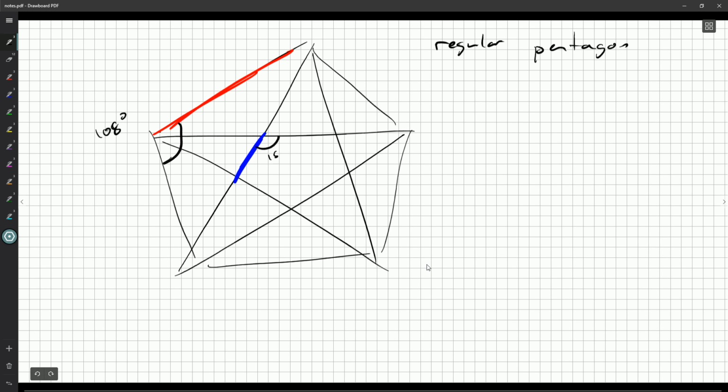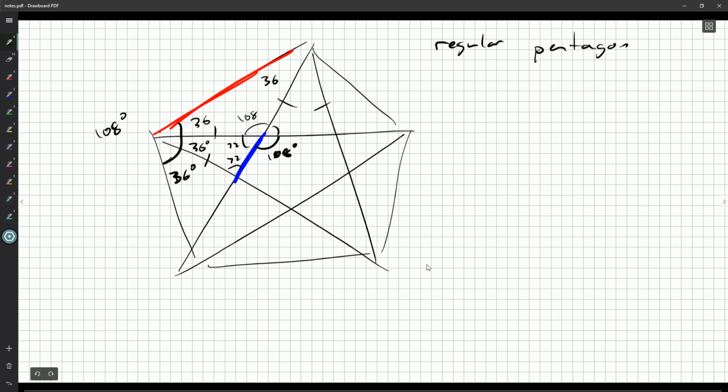Same with this angle here, 108 degrees. That means this is 72, this is 72. And similarly, this is 72. So we get an isosceles triangle here. And because it's regular, you'll also get isosceles here as well. This is 108, if 108 plus 72, so this has got to be 36. This has got to be 36. This is a 36, and this is a 36 as well.